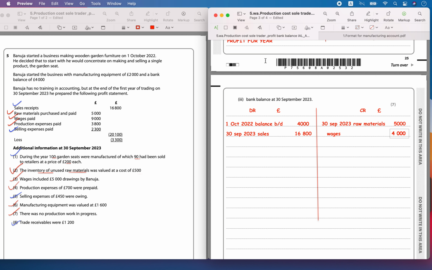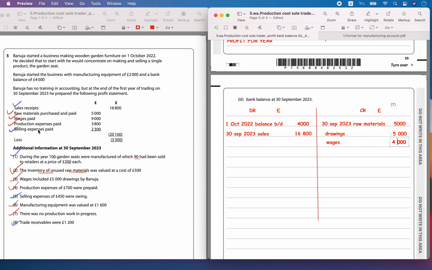9,000 minus 5,000 drawings. So the drawings was around 5,000, and the remaining was wages, 9,000 minus 5,000. That is going to be the wages that was paid.